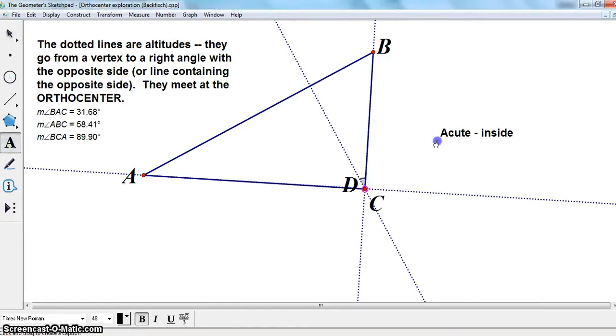So again, when it was an acute triangle, the orthocenter is inside. For an obtuse triangle, the orthocenter is outside. And when it's a right triangle, it's at the vertex of the right angle, which means it's on the triangle. Okay, and that is everything you need to be able to memorize these. Make sure you know them tomorrow.